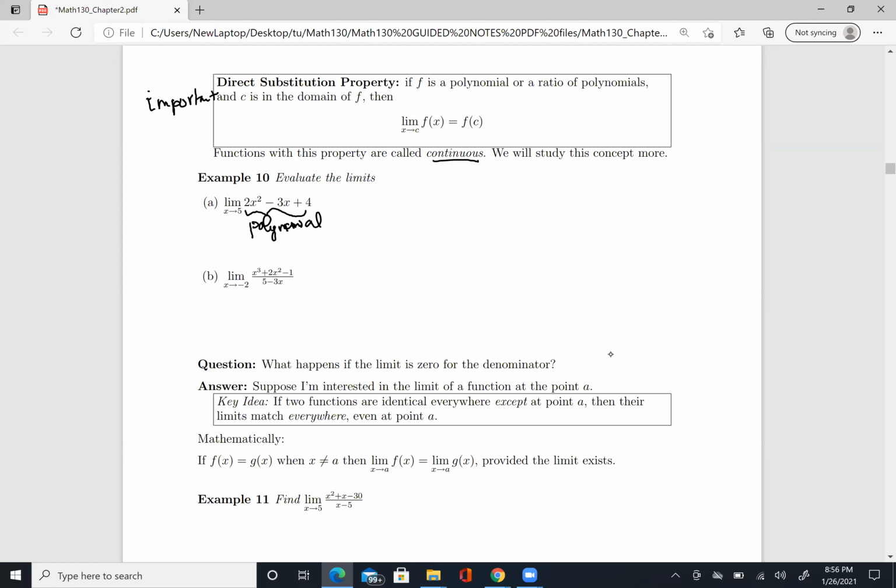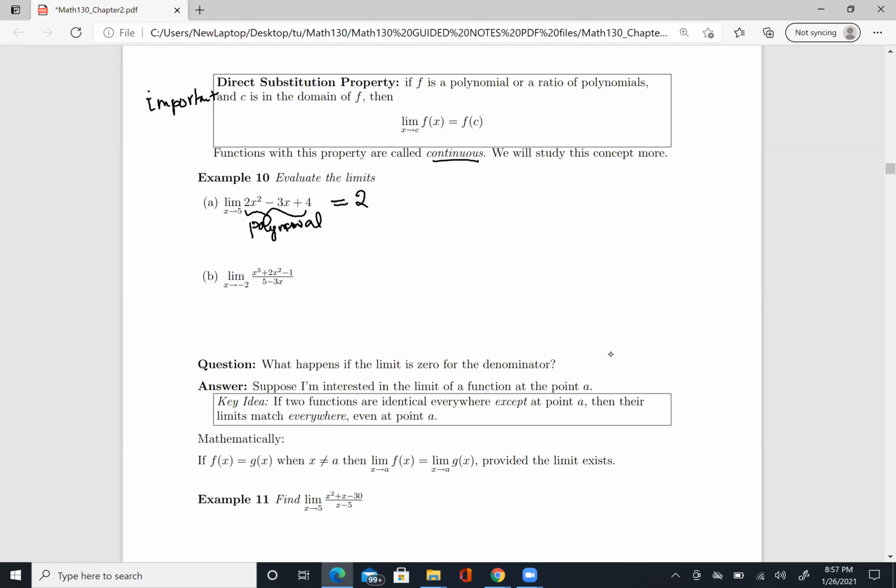So I can right away apply the direct substitution property by substituting x equal to 5 into the polynomial.